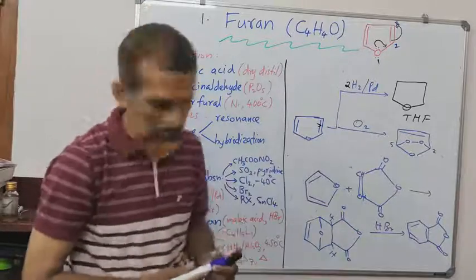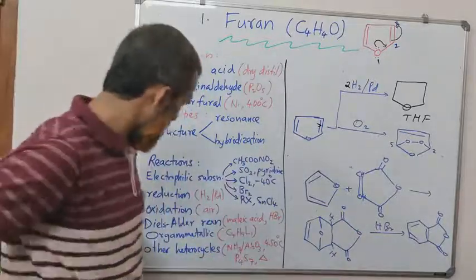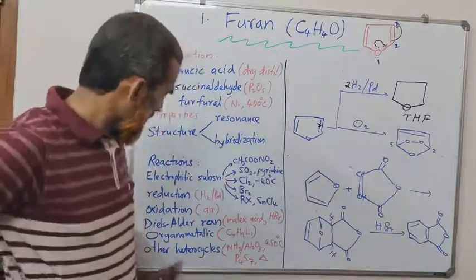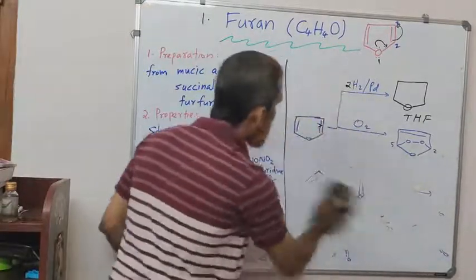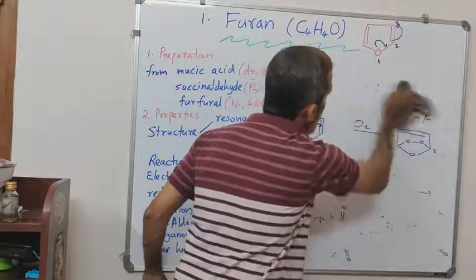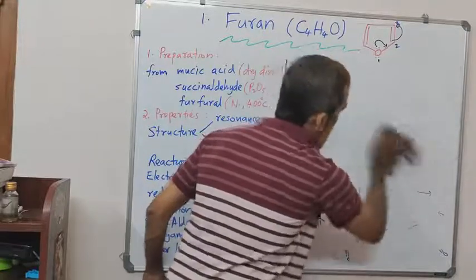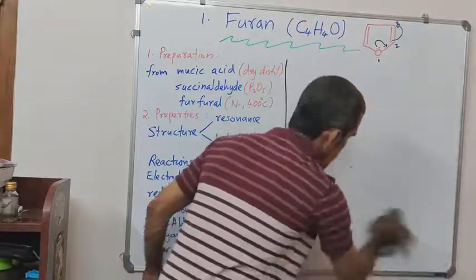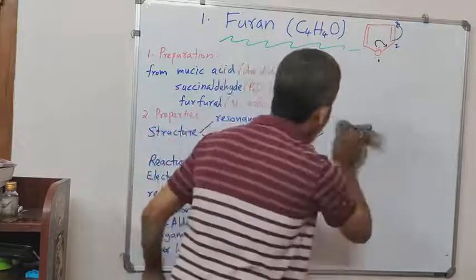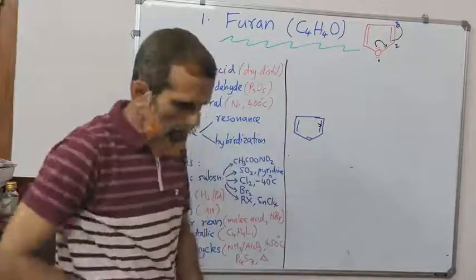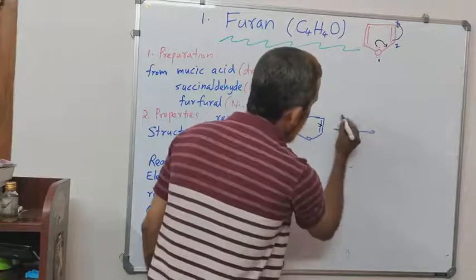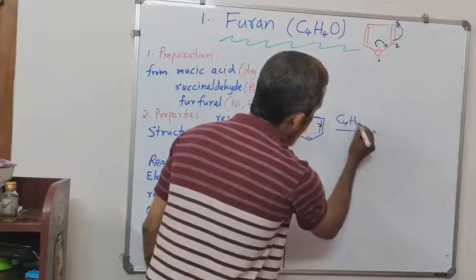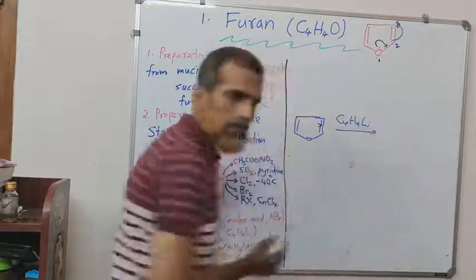You get phthalic anhydride. And finally, the next one is reaction with organometallic compounds. Furan can form interesting organometallic products which are useful in synthesis. See, if furan is treated with, for example, C4H9Li. What is this?